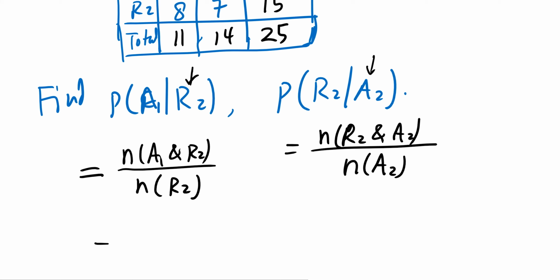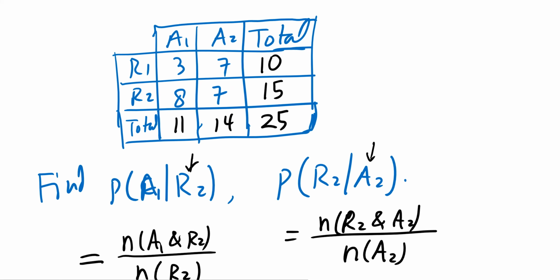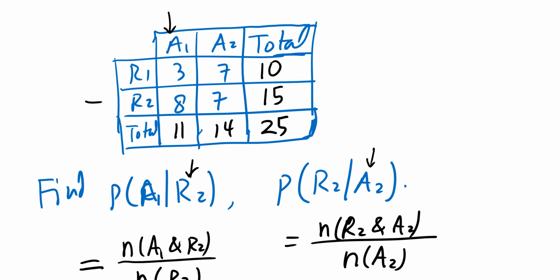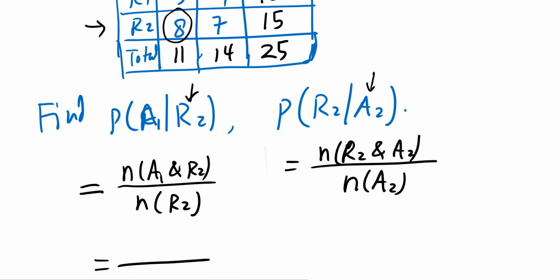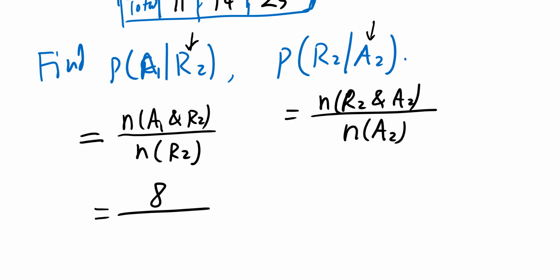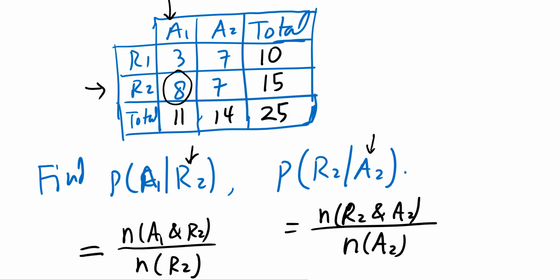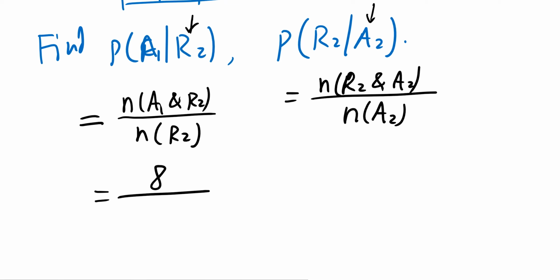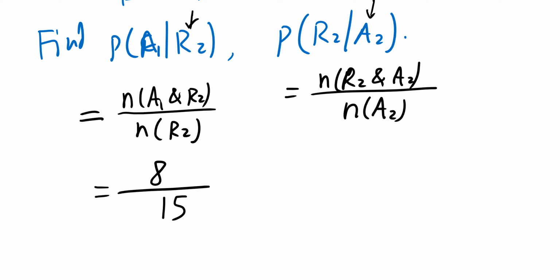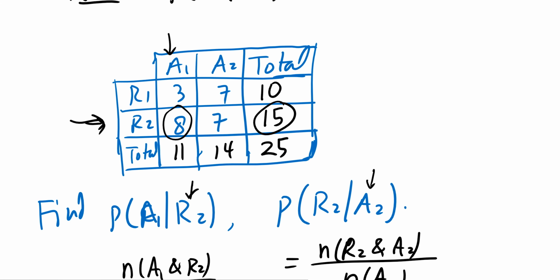Now, how many in A1 and R2? A1 this way, R2 this way. They overlap here. There's 8. How many in R2? R2 horizontal, the whole row adds up to 15. So it's 8 over 15. And if you divide that on the calculator, that gives us 0.533. We can do the same thing here. How many in R2 and A2?